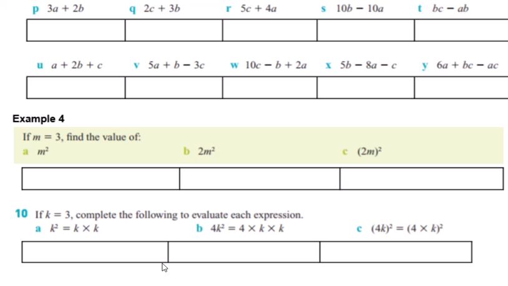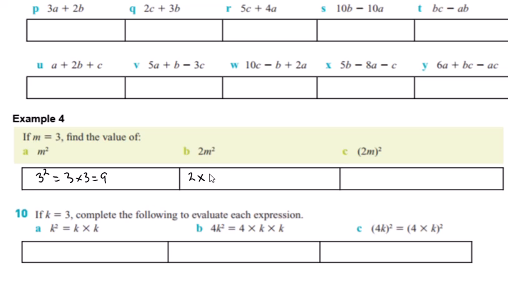Okay, final example. If m equals 3, find the value of these expressions involving m. So we have m squared. So replace the m with 3. We have 3 squared, which we know is 3 times 3, which is 9. 2m squared means 2 times whatever m is squared.